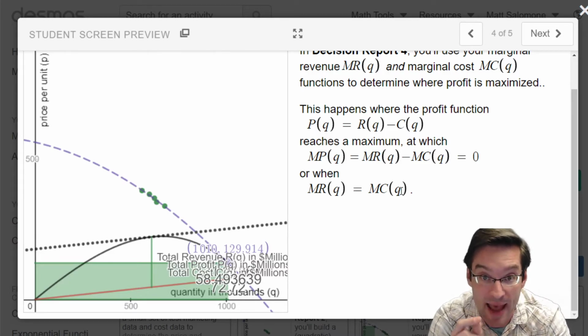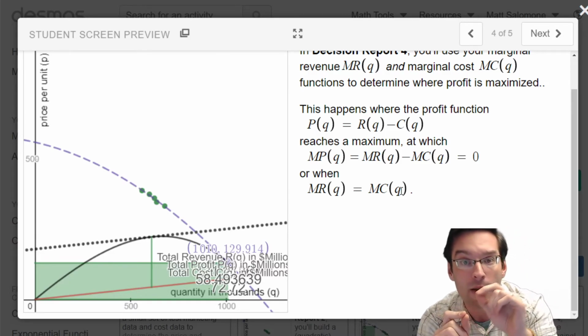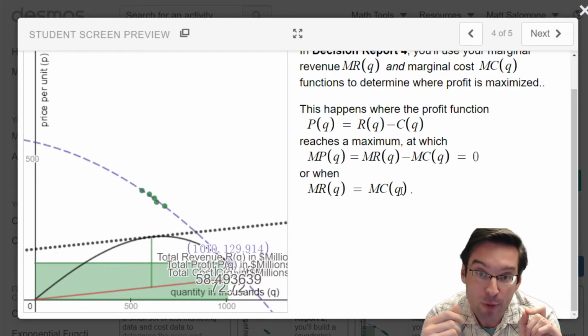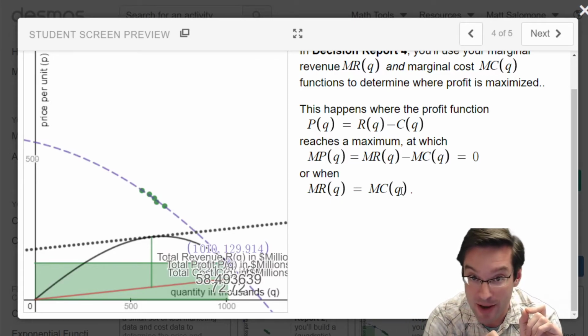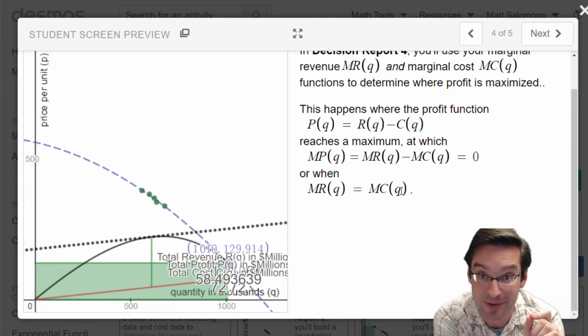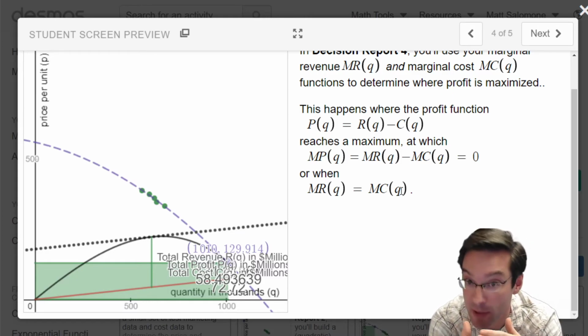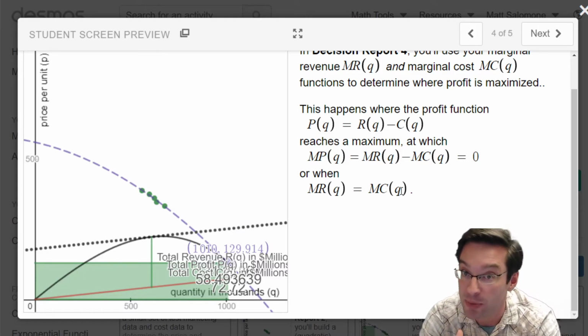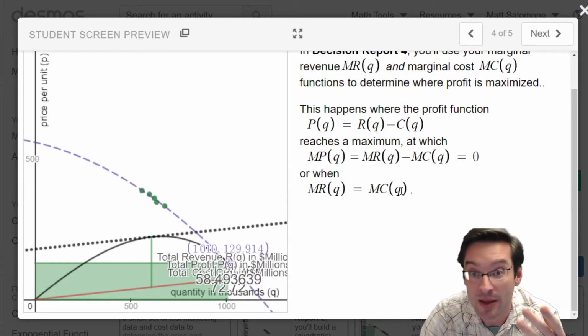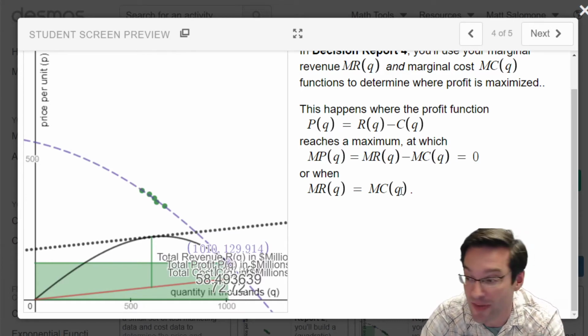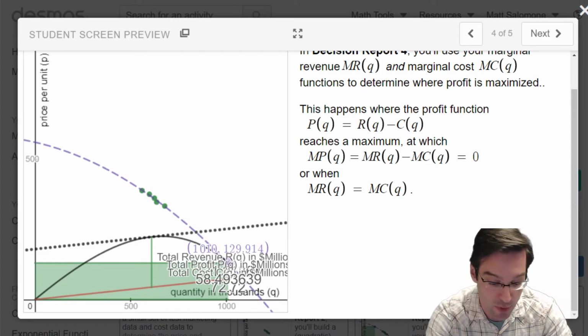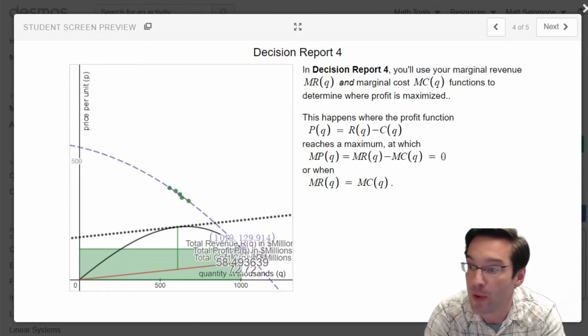That's going to be a place at which, if I produce just one more unit of my product, I will make exactly as much by selling that product as it cost me to make that product. And that's the sweet spot. That's how we know that we're at the top of the profit mountain, when the marginal revenue and the marginal cost agree with one another, which is the same as where the marginal profit, the derivative of the profit function, is equal to 0, because that's where we find the maximum and minimum points of a function. So the big idea of decision report 4 is going to be to find that point, or potentially points.